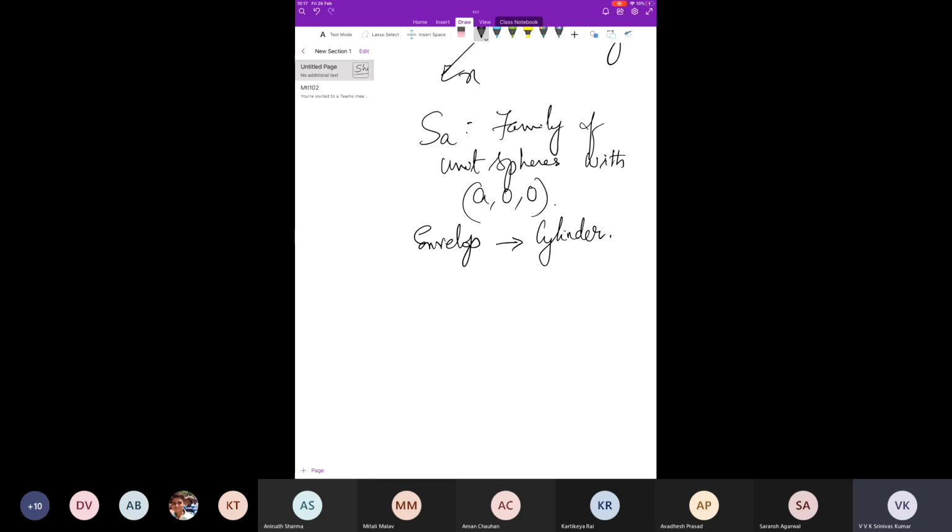And now come back to this example, the family of tangent planes. Then what will be the envelope here? Come back to our tangent planes.